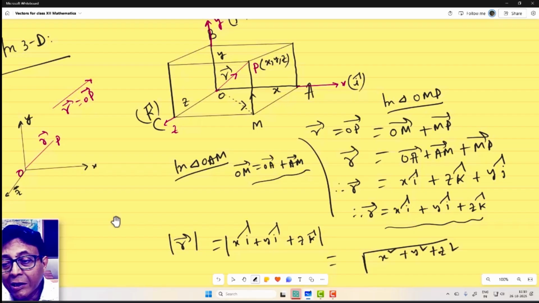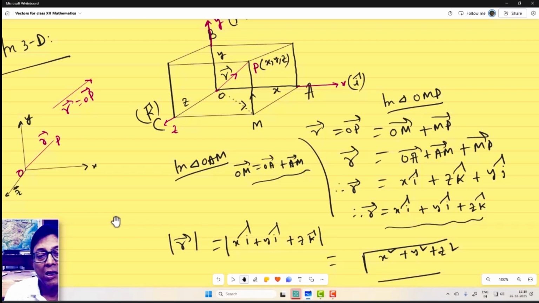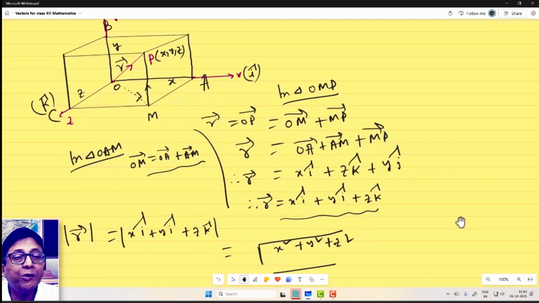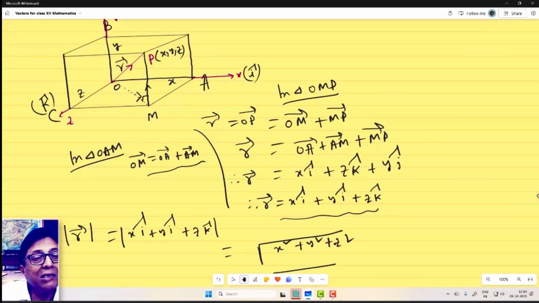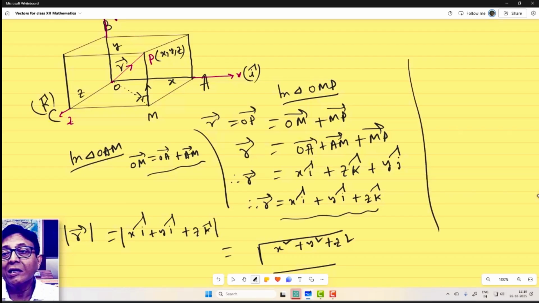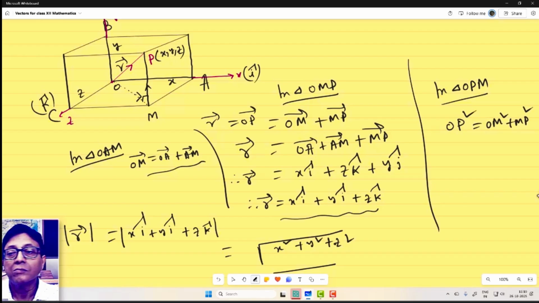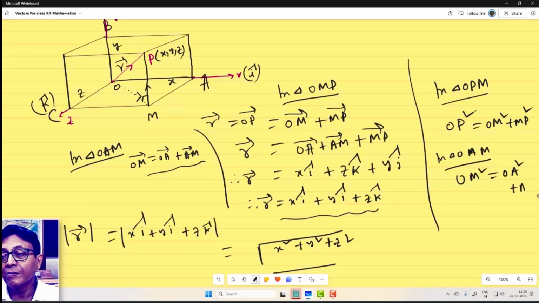Why? Can you prove this? How is the magnitude under root x square plus y square plus z square? Because magnitude means the length of OP. See, in triangle OPM, already I told you, this angle is 90 degrees. So in triangle OPM, OP square is OM square plus MP square. Now OM square is what? In triangle OAM, OM square is OA square plus AM square.